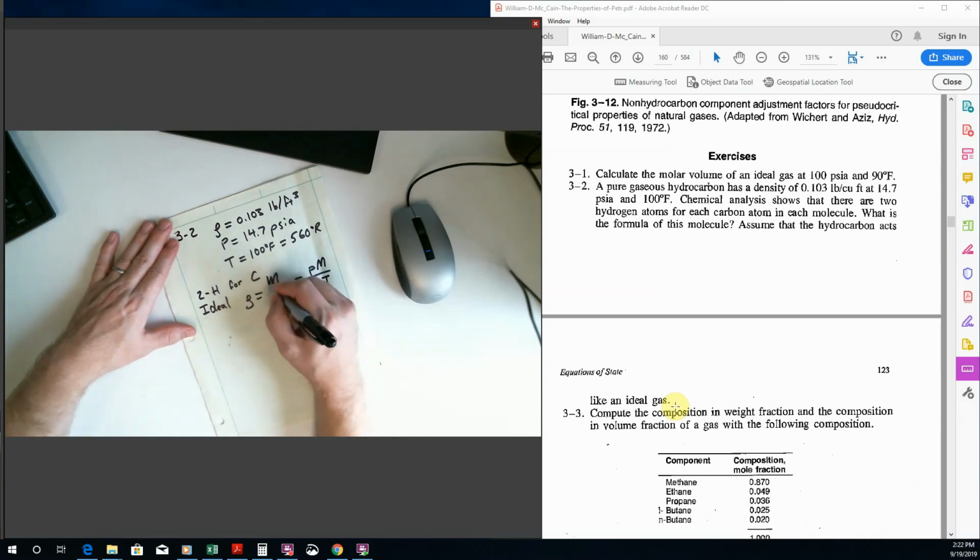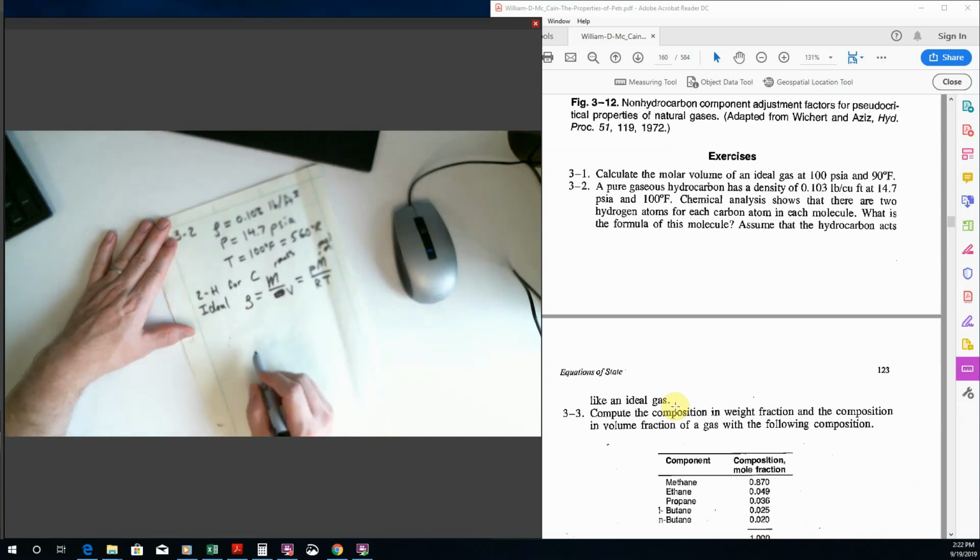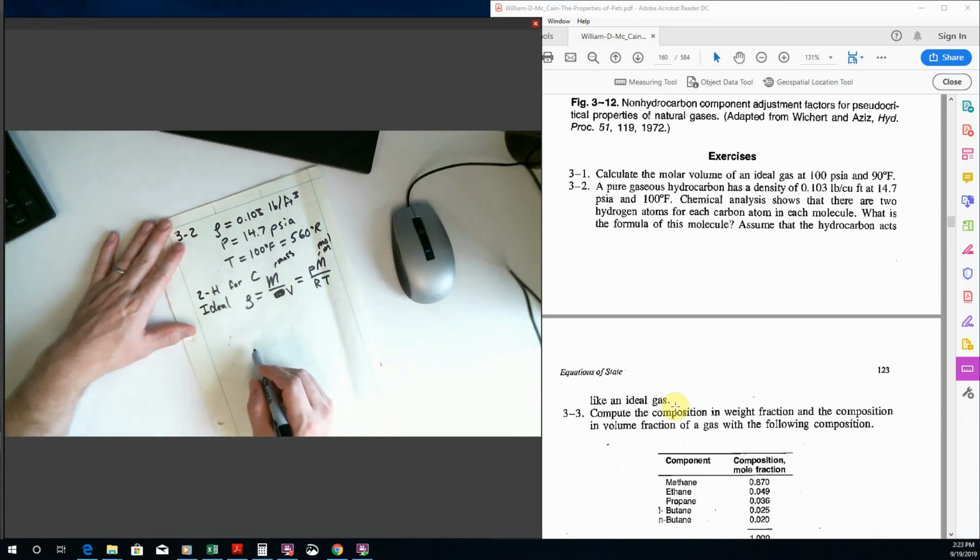This is lowercase m, your actual mass. That's my fault. This is mass, and this is molecular mass, which should be an uppercase M. Sorry for the confusion there.